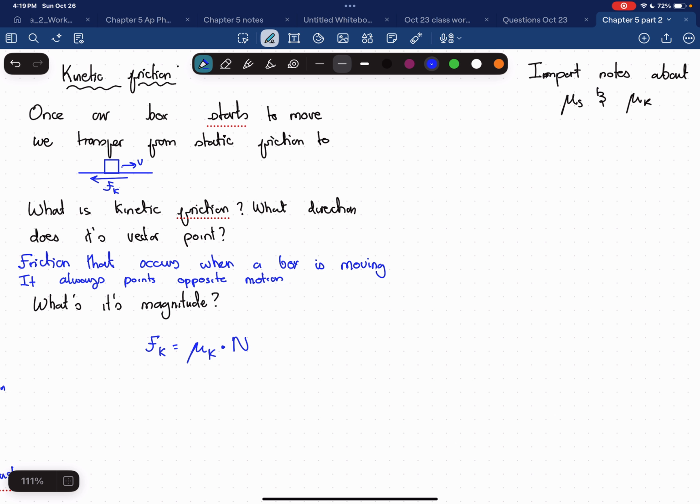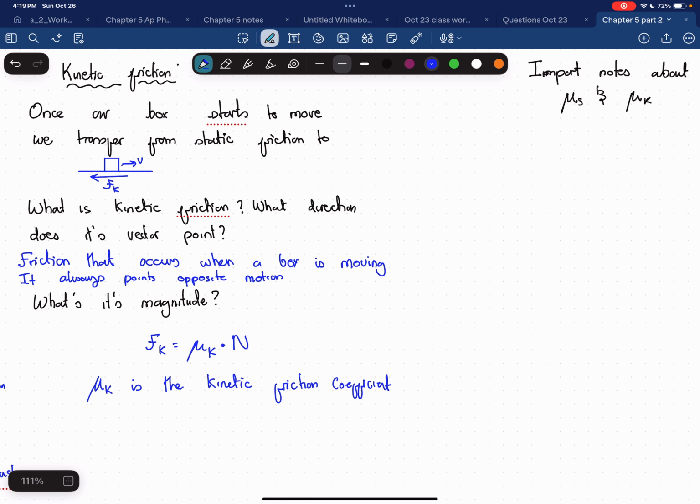Mu sub s is for static friction, and mu sub k is the kinetic friction coefficient. And n is the normal force magnitude.